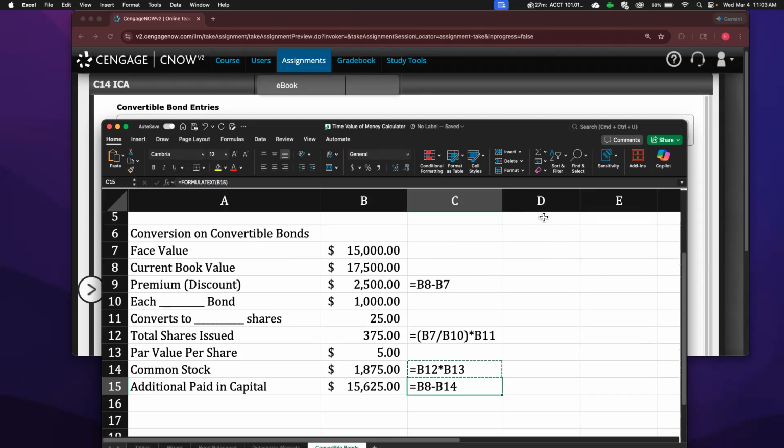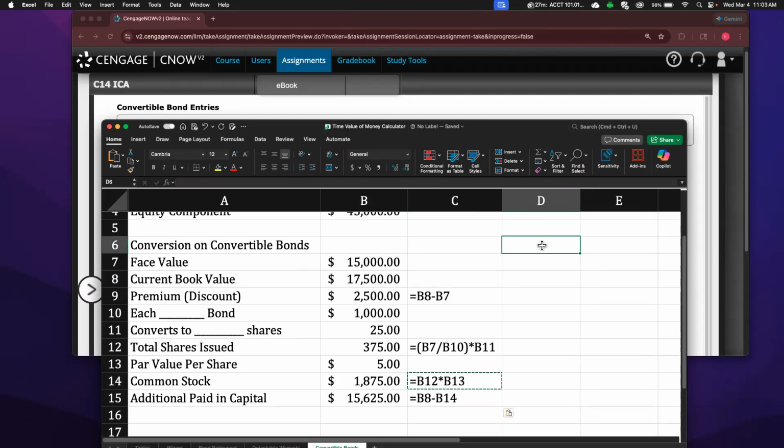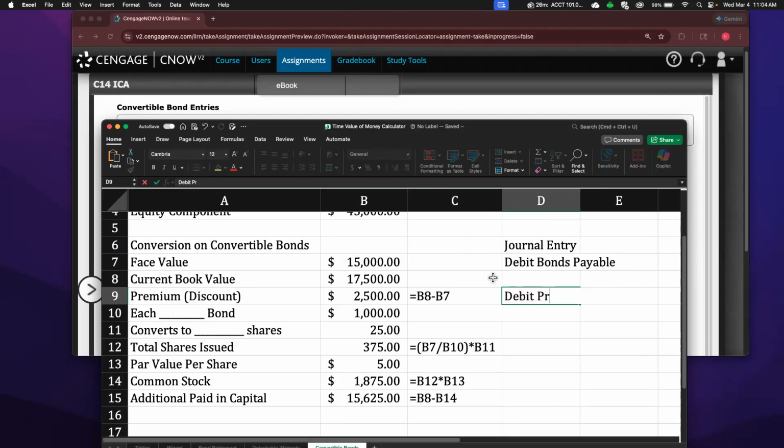Then we would do our journal entry. For our journal entry, we're going to debit bonds payable for this amount that we have here for our face value. With our premium, we're going to debit premium on bonds payable.